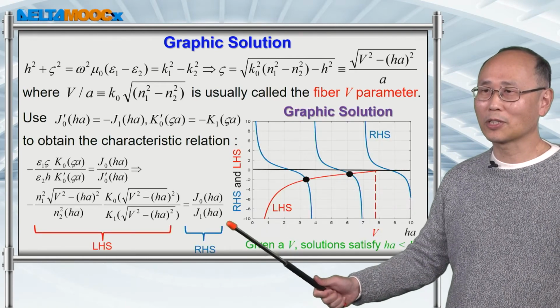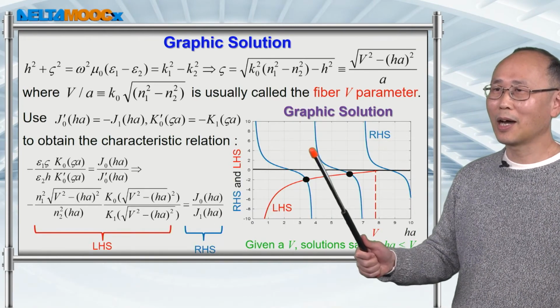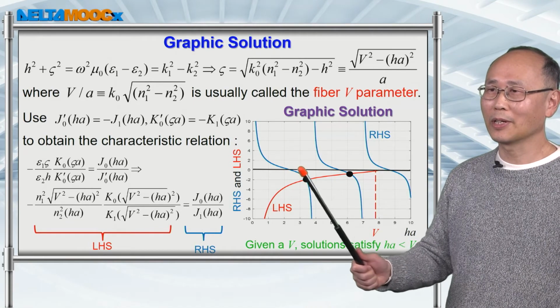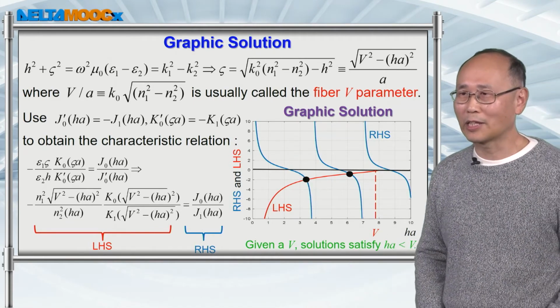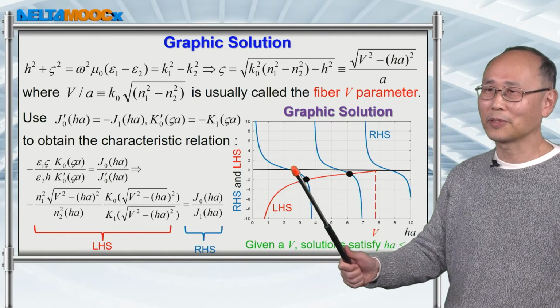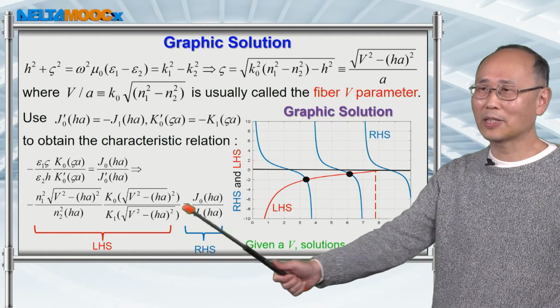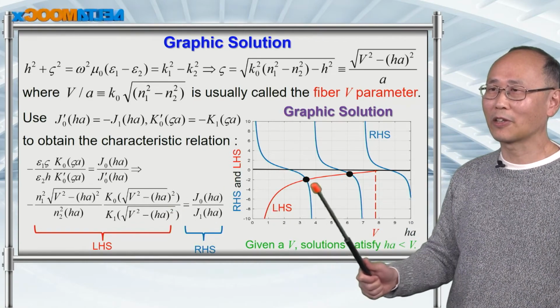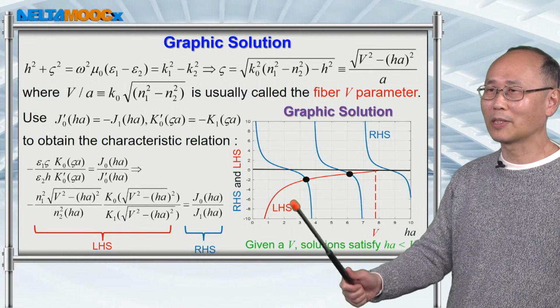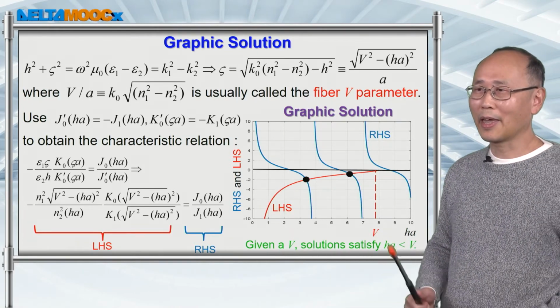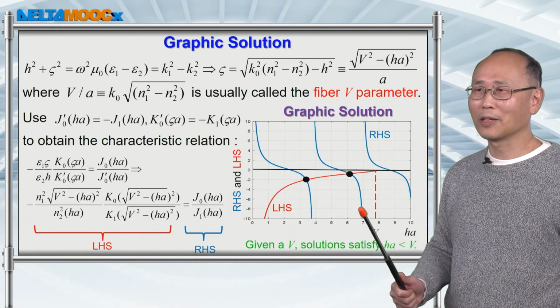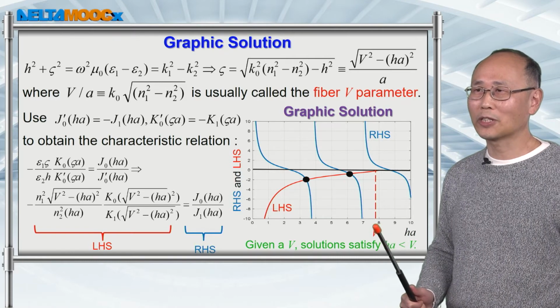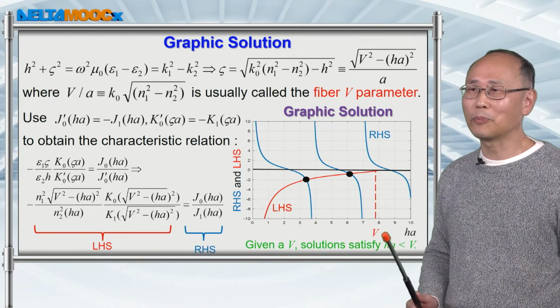So now let's plot the right-hand side as those blue curves. Again, you see the tangent and cotangent-like curves. And on the left-hand side, you have such a monotonic curve denoted by this red curve. And right at the cutoff, you see that the cutoff value is exactly the fiber V parameter.